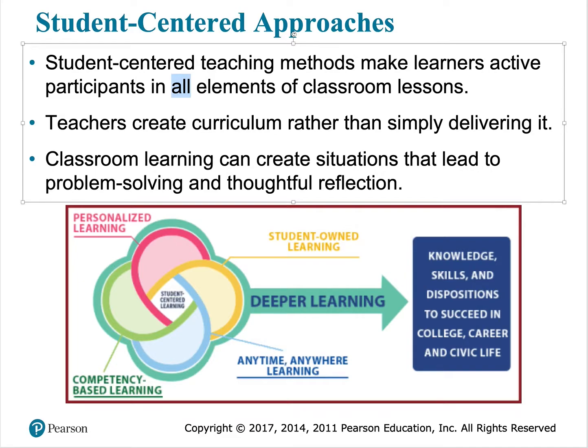So if you recall the first picture, let us teach. We'll talk about that a little bit later. But we're really looking to find learning that can create situations that lead to problem solving, creative problem solving, thoughtful reflection, and critical thinking. Okay.